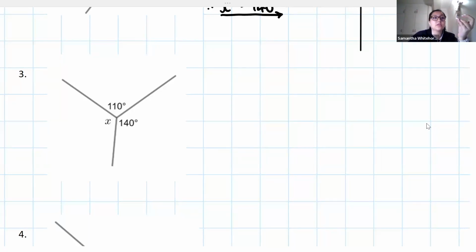Remember, guys, you can check yourselves. If you substitute back into the diagram, if you add all the angles up, does it give you what it's supposed to give you?